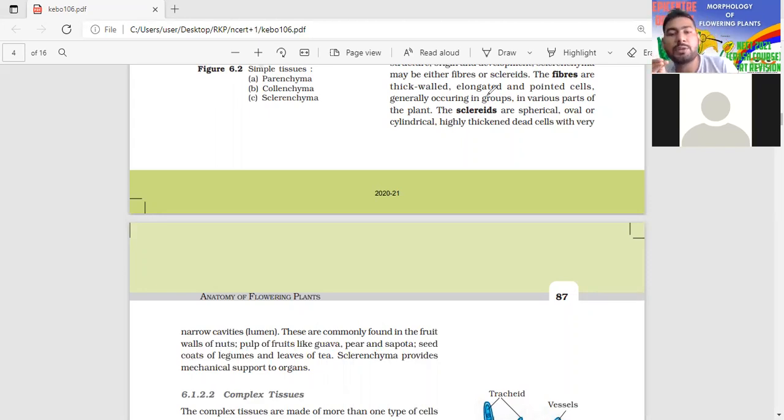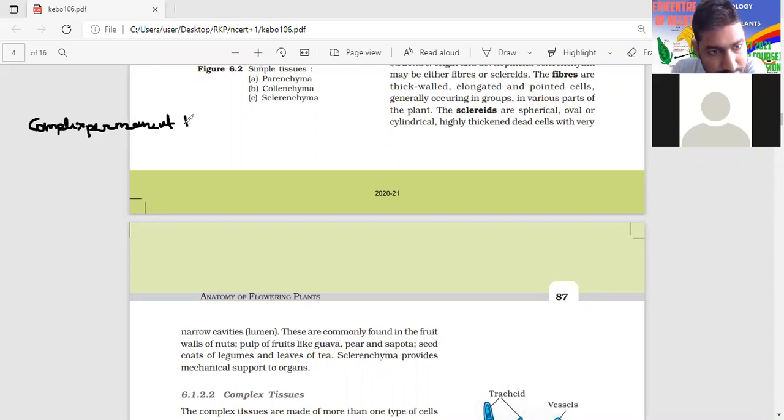Now we are going to discuss the complex permanent tissue. What is the complex permanent tissue?